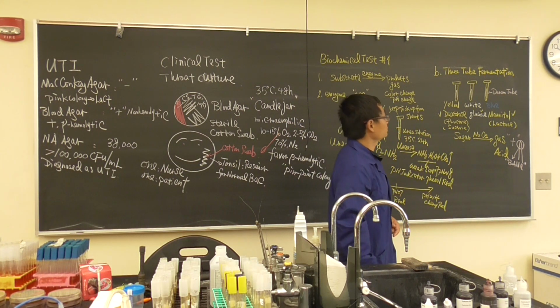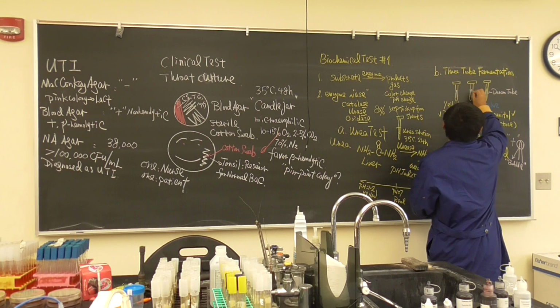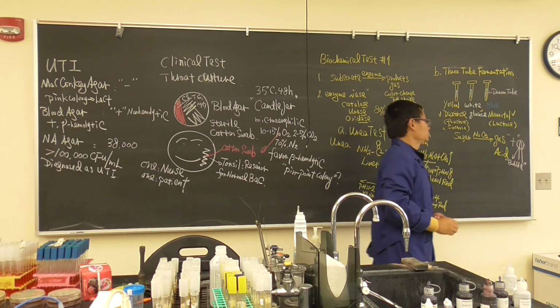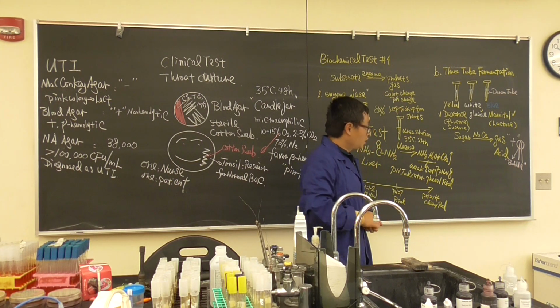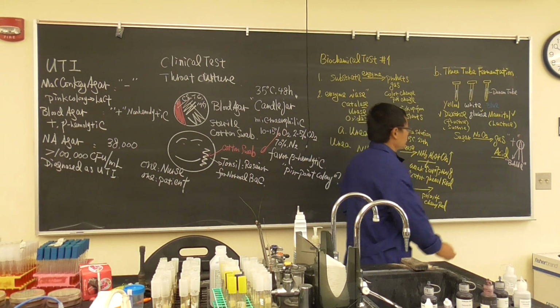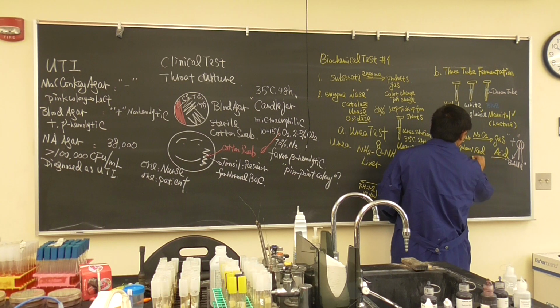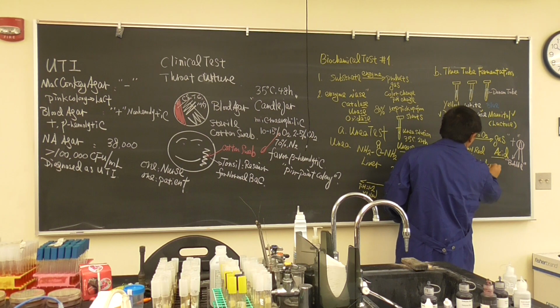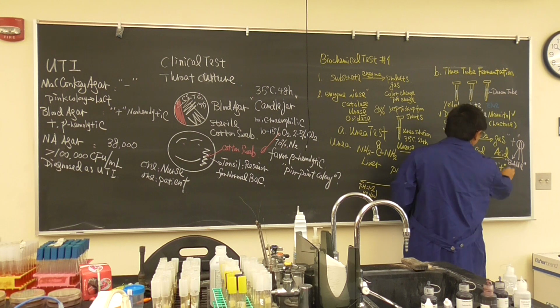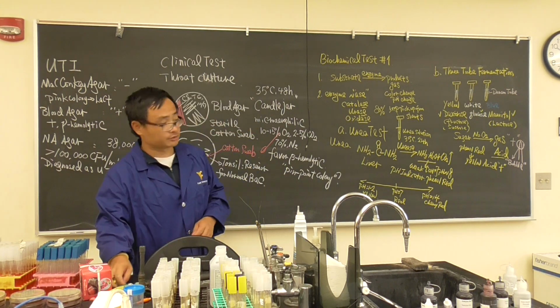So that means it's positive, okay? So you will see a very clear bubble on the top on Thursday. Then it's positive. How do you know it's acid? Same thing. If the solution turns yellow, because phenol red is a pH indicator, it turns yellow, which means acid positive. Otherwise, it's negative. Or maybe alkaline material will be generated.